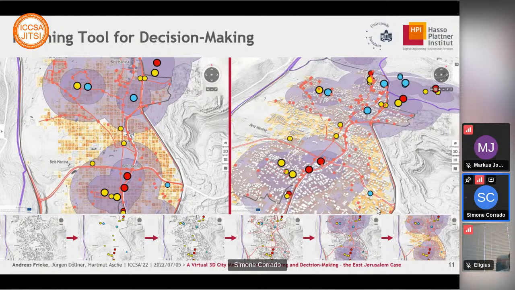It's the bus network with these reddish lines, and in the back the population density, for instance, and the houses in 2D and in 3D. I guess you would agree that the left one is easier to understand than the right one, because the message is communicated better on the left than on the right.